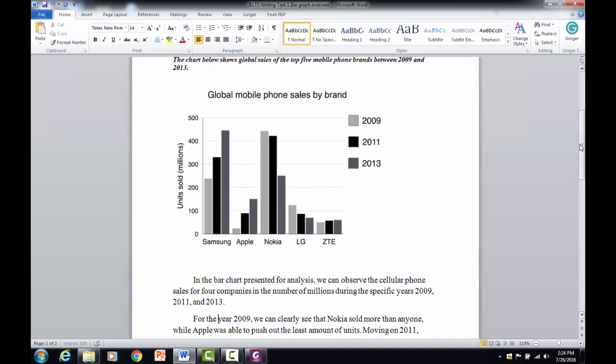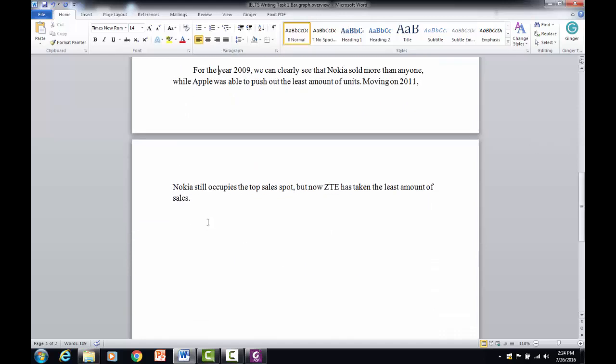All right, for the year 2009, and then the year 2011, and then we're moving on to the year 2013. Finally, in 2013, we can see that Samsung is now at the top, right? And ZTE is still at the bottom. Finally, we have a change at the top with Samsung.